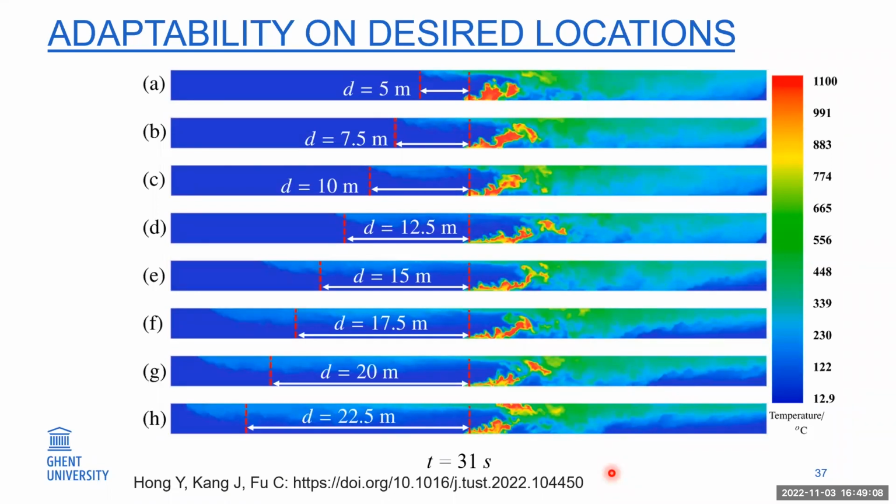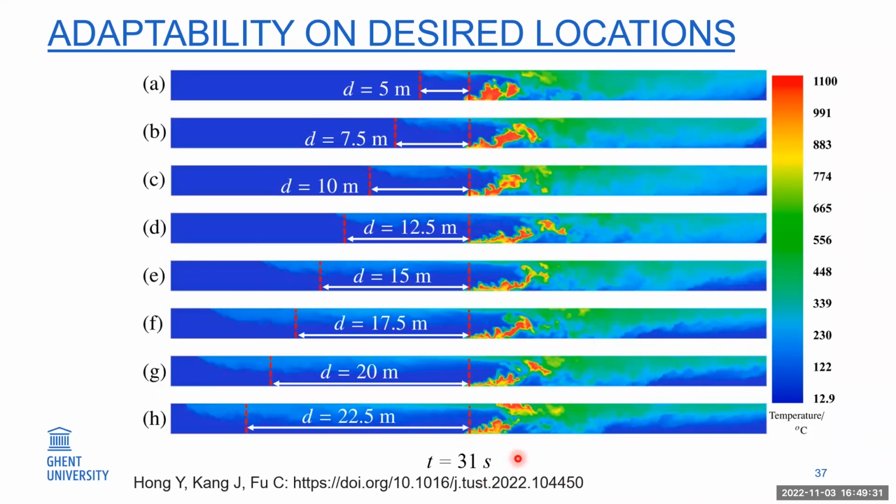If we put the temperature sensor at a different location, we want to see if it can control as well. In this figure, we test control distances from 5 meters to 22.5 meters.